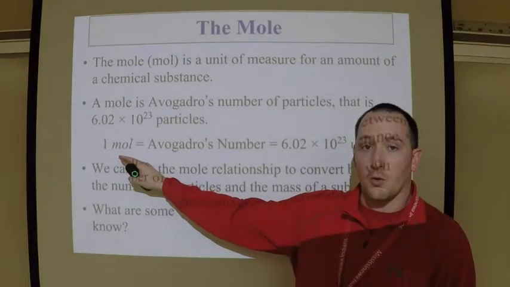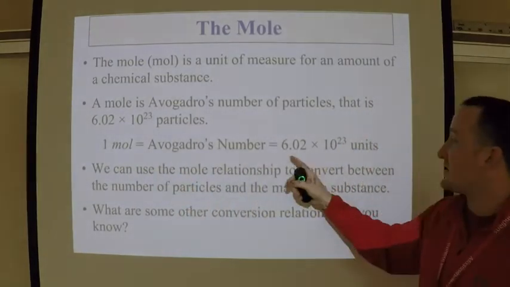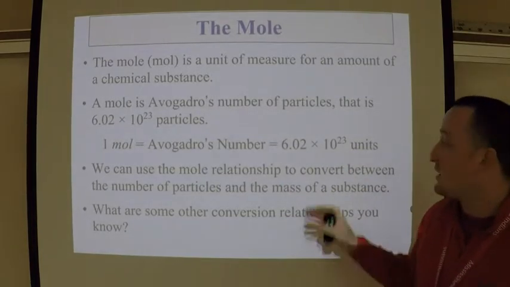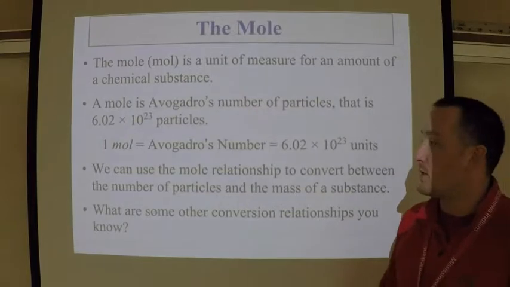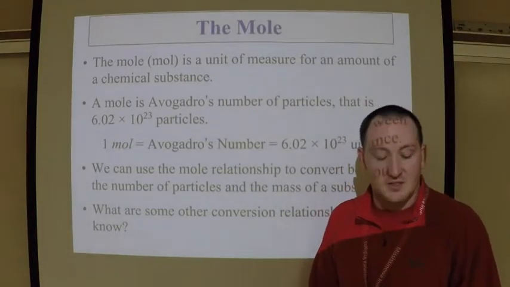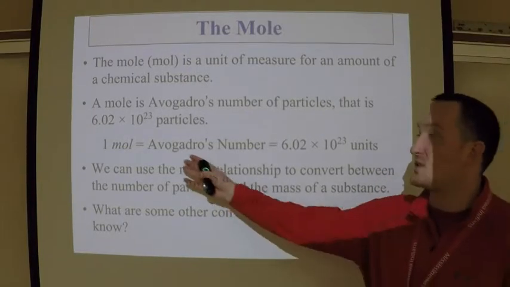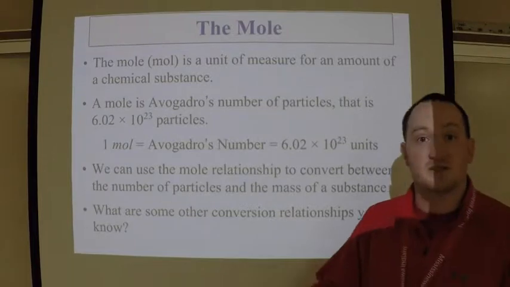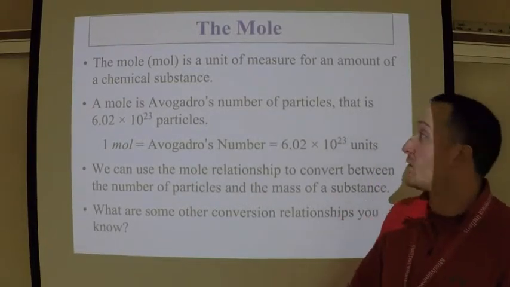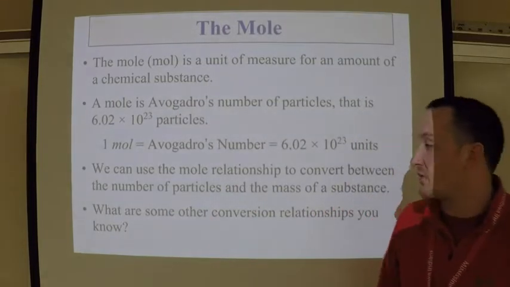So 1 mole is the same thing as Avogadro's number, which is the same thing as 6.02 times 10 to the 23rd. We're going to use these conversions to do something called dimensional analysis, which we'll talk about in a little bit. So we're going to use this relationship to convert back and forth between different units of chemical substances, because the mole is a measurement of a chemical substance.